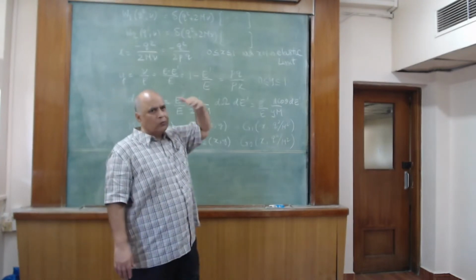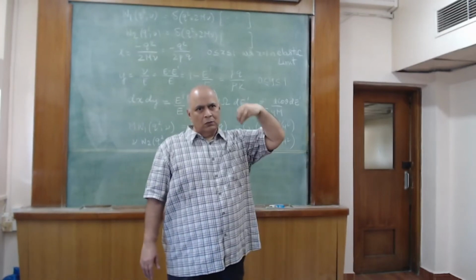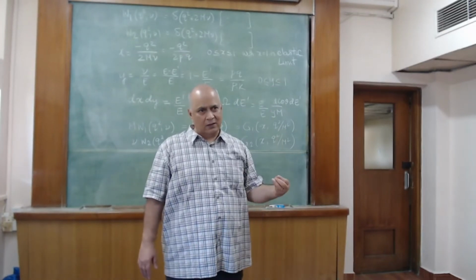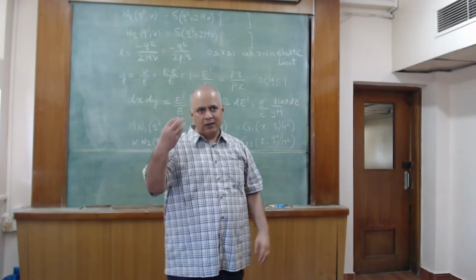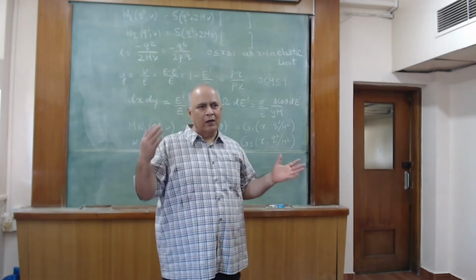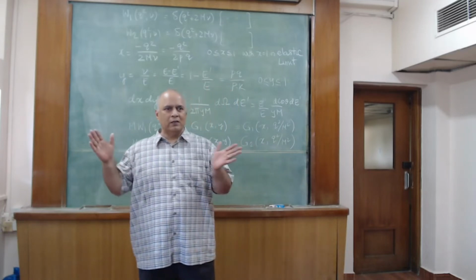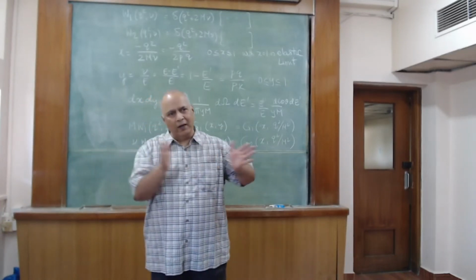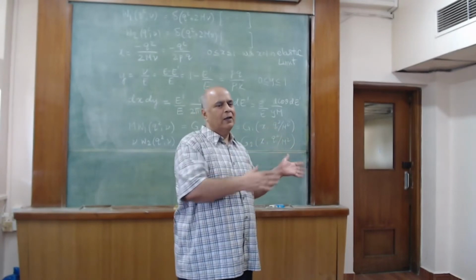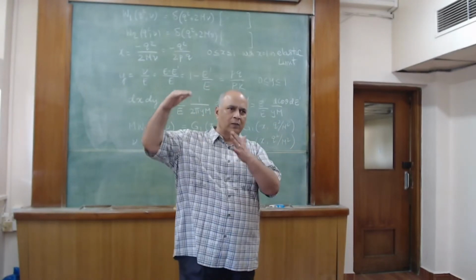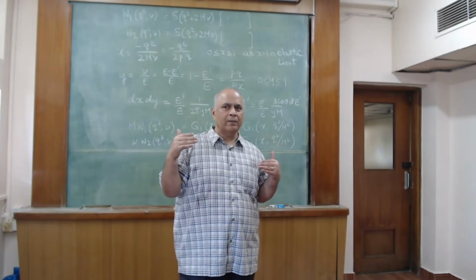Because q square by nu occurs in the definition of x, and x is what we are defining as the inelasticity parameter. It is telling us how far away my kinematical system is from the elastic limit.